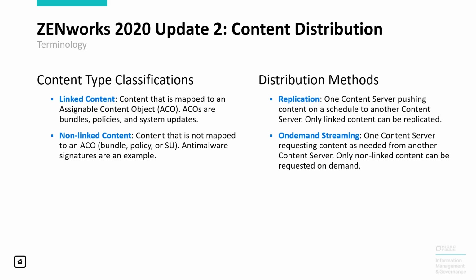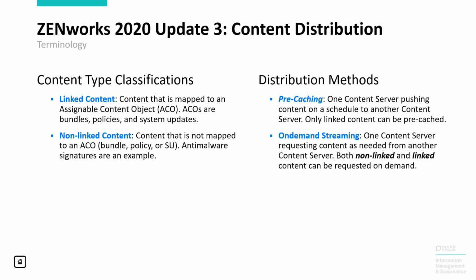You've got the linked content, where we had the traditional content repository, and you had the non-linked content where you could use this on-demand streaming option. With update 3, we're changing that a little bit. The content repository will still remain, but you'll be able to use the same on-demand content system also for additional applications. So you could actually use the same for bundles or for policies.